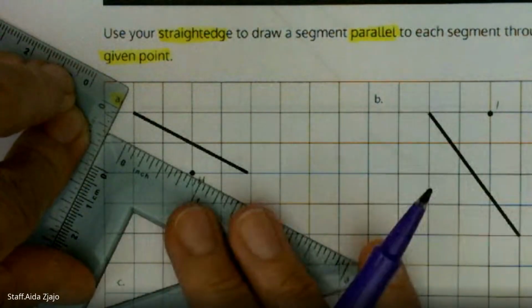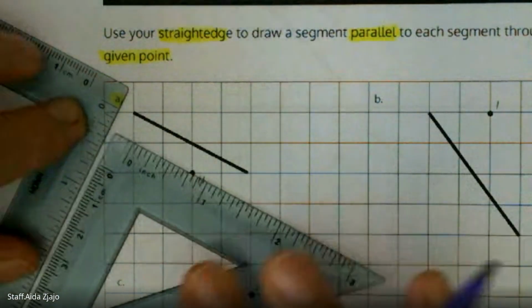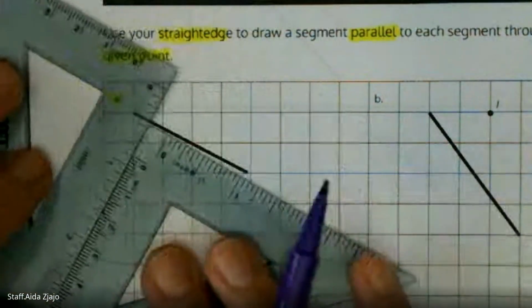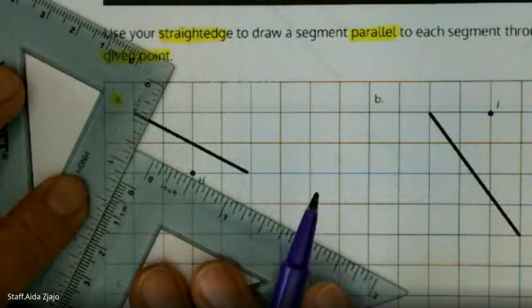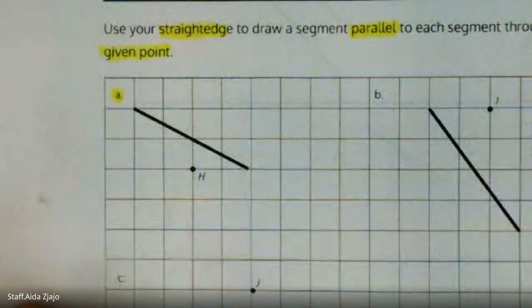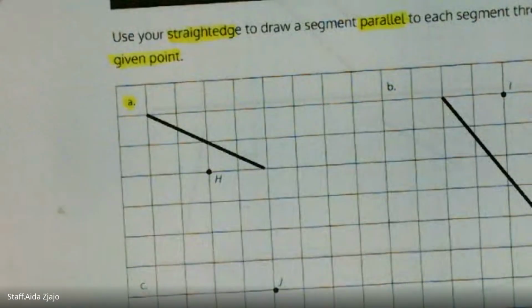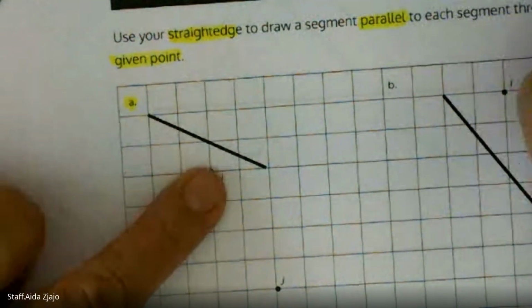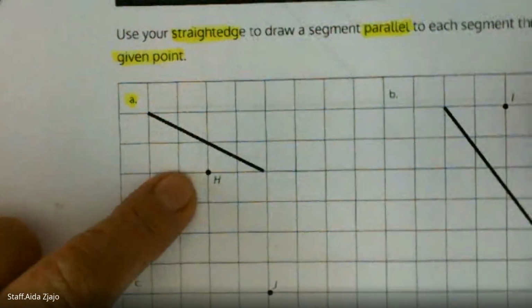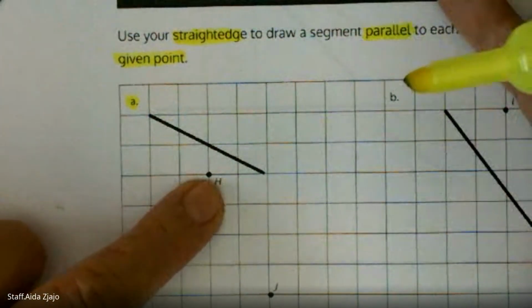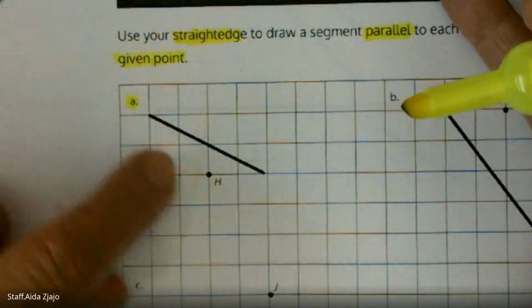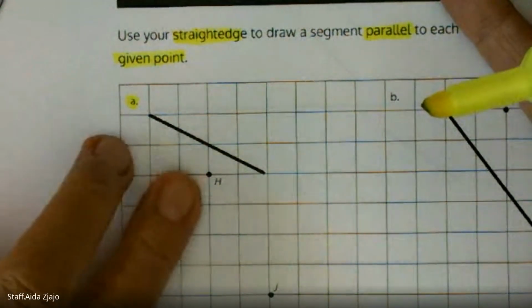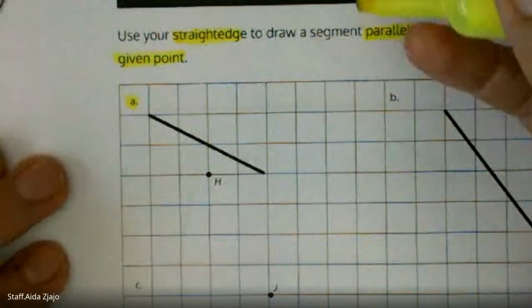But what if you don't have these tools that you can use to make parallel lines? You have to think about right triangles. So if you create two congruent right triangles, then you can find another point to that H, so that these two points will create a line segment.